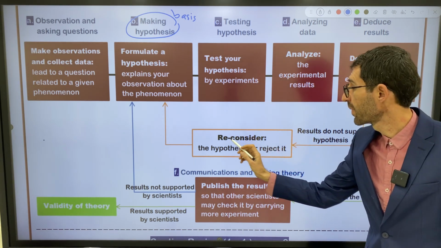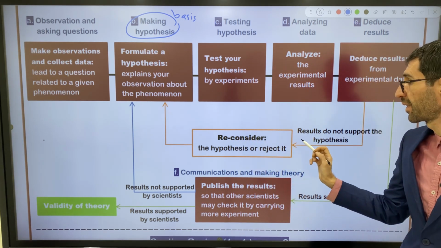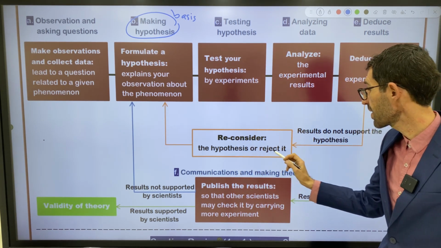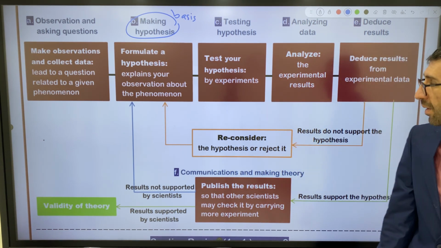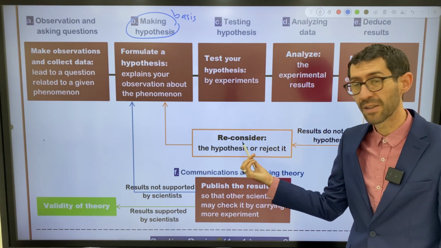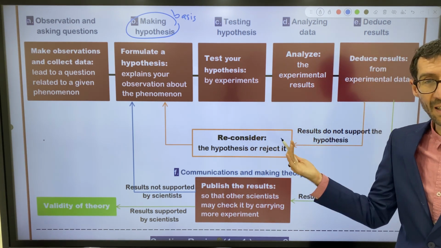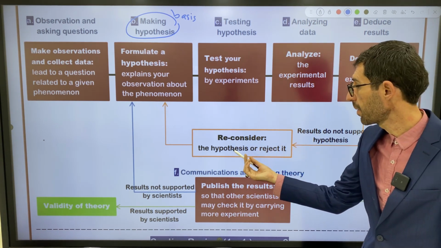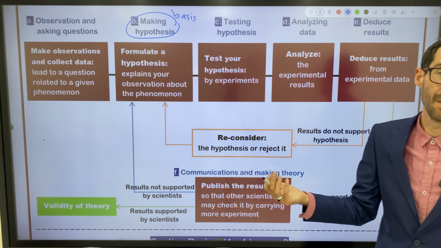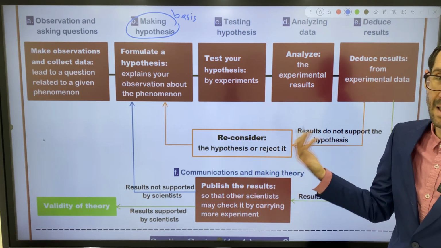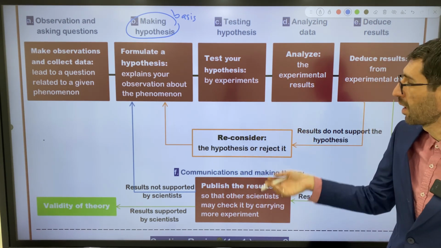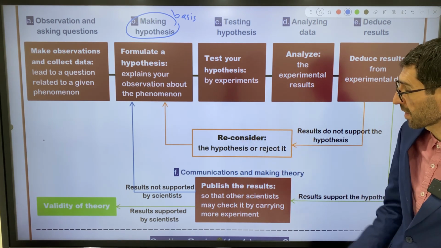What happens? The person should reconsider the hypothesis or reject it, right? In this situation, either the hypothesis is rejected completely, or it is revised by the scientist himself or herself, the theorist.